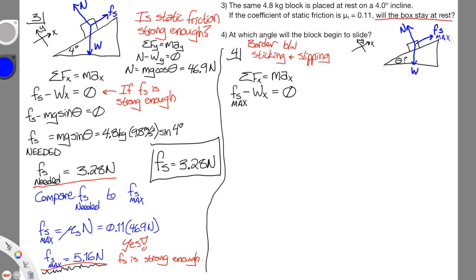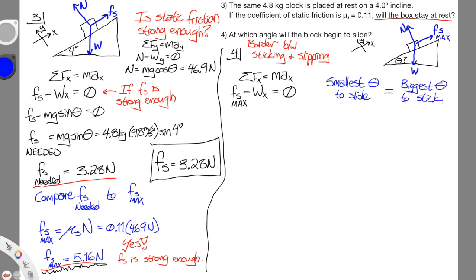Another thing to consider is the smallest angle at which the block begins to slide is the same as the biggest angle for which the block stays still. This one I should probably write down in words. So the smallest theta to slide means the same thing as the biggest theta to stick.